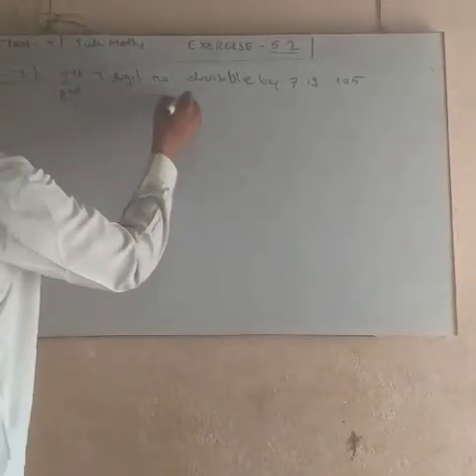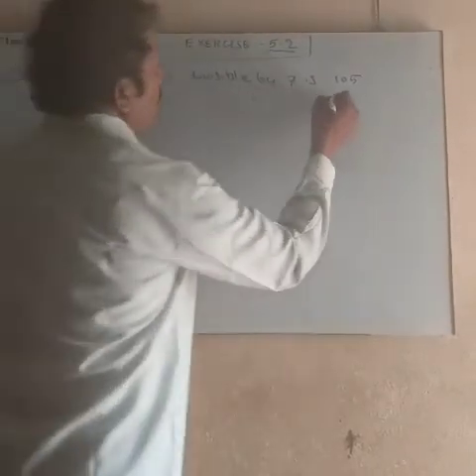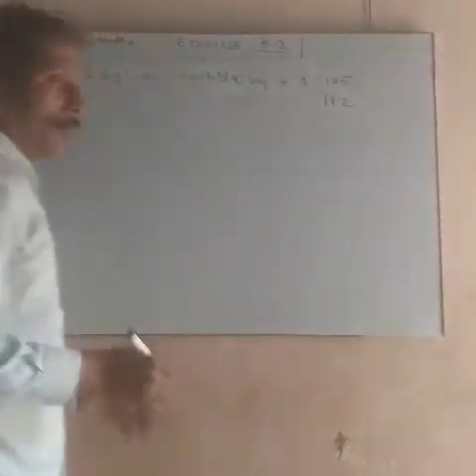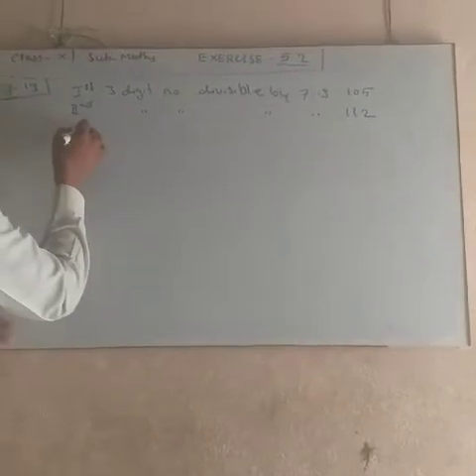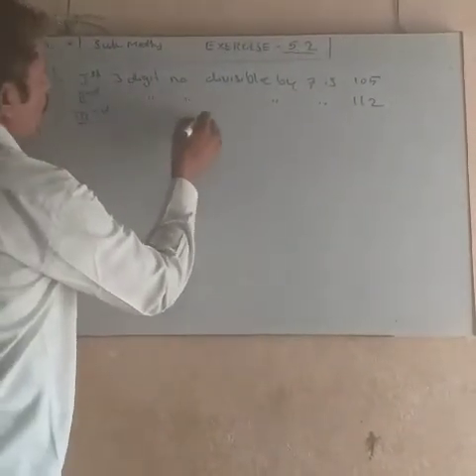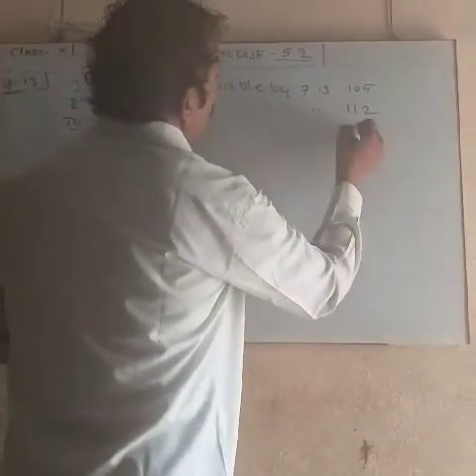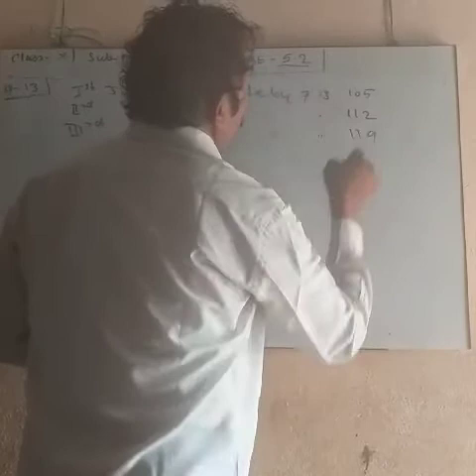Second 3-digit number divisible by 7 is 112. And third 3-digit number divisible by 7 is 119.